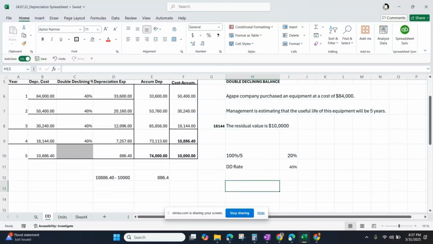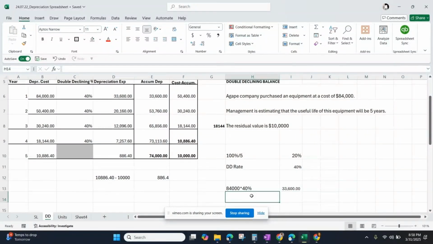So we start out with 84,000 by 40%. We know already that 84,000 by 40% is 33,600. That gives us the depreciation expense for 1 full year.